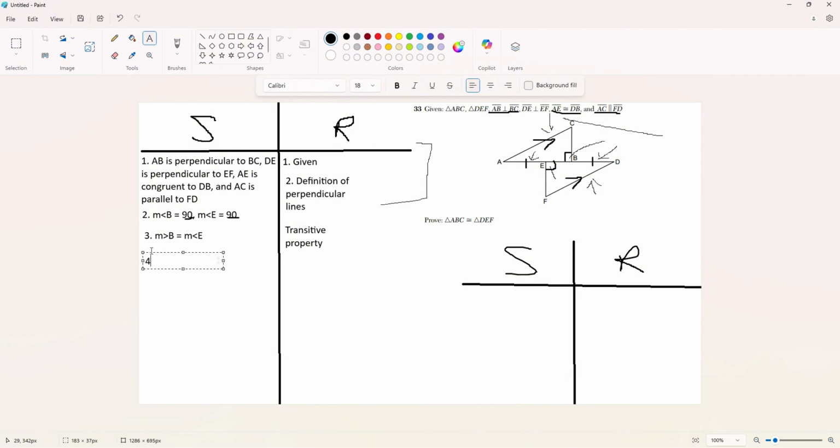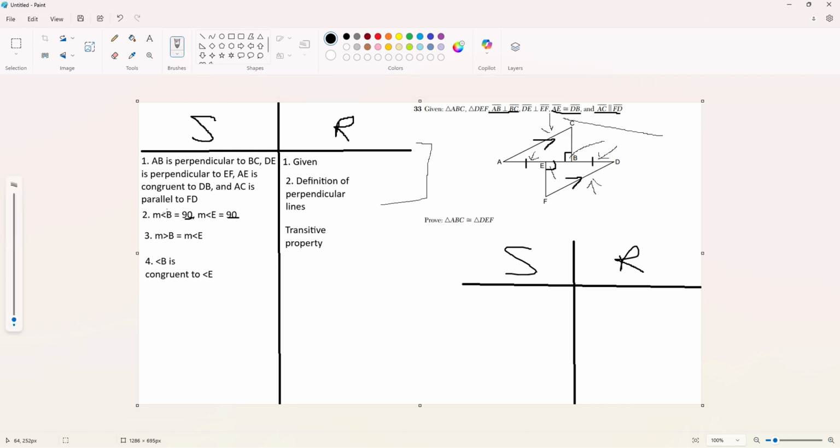Next up, we have 4. Now we can say that angle B is congruent to angle E. Let me just number this real quick.